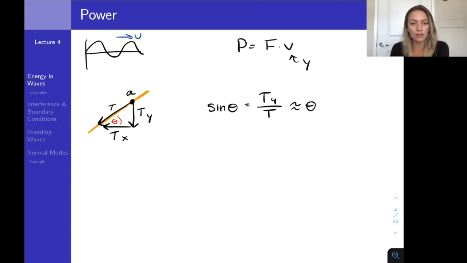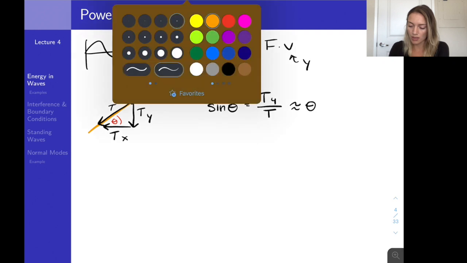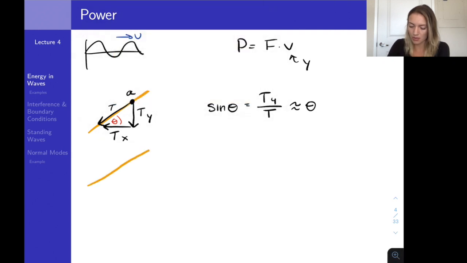And now since we're looking at very small approximations, we can also say that this is going to be about equal to the slope of the rope at this location. So if I just draw this again, I'll have the rope here, and then we have our point A. There's also some displacement delta y and delta x, right? And then we have the same angle theta.